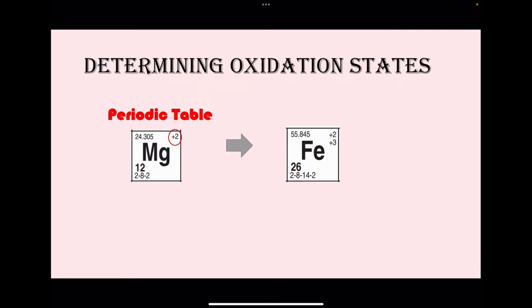For magnesium, it's +2. But the problem is with elements like iron, where we have two possible oxidation states. Iron is an example of transition metals that can have more than one oxidation state. For something like this, we're going to have to use math to figure out the oxidation states.